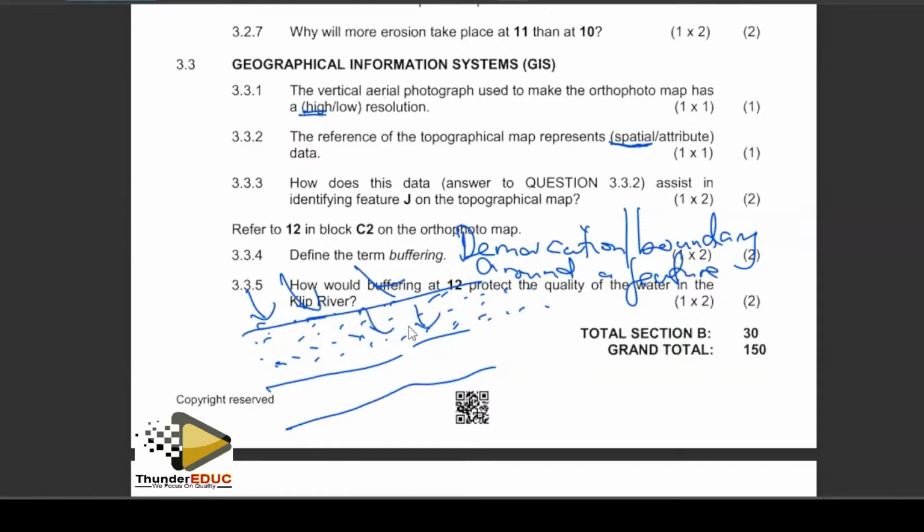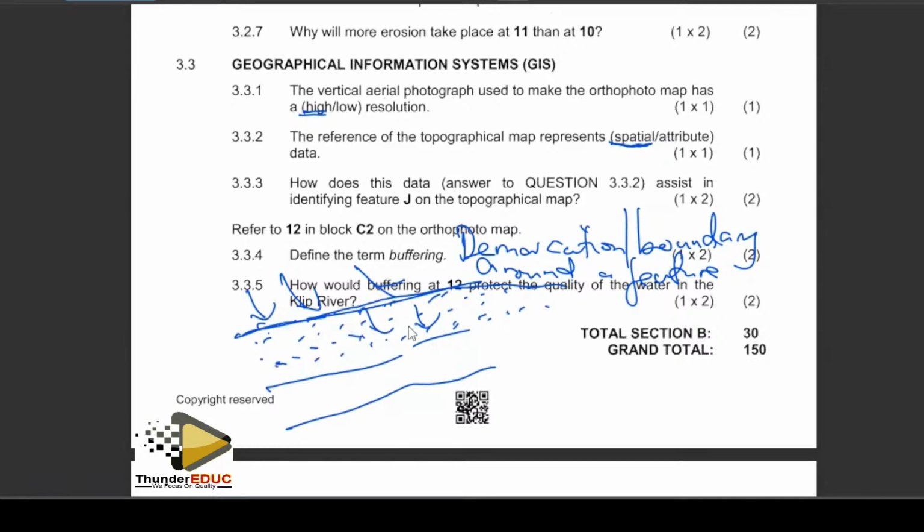They are acting as a boundary. Or we put a fence along the river to protect people from accessing the river. That is also a boundary. That is also an effect of buffering. We are trying to prevent human activities' influence on the river and ensure that they do not interfere with whatever is happening inside the river. So it's buffering in that dimension.